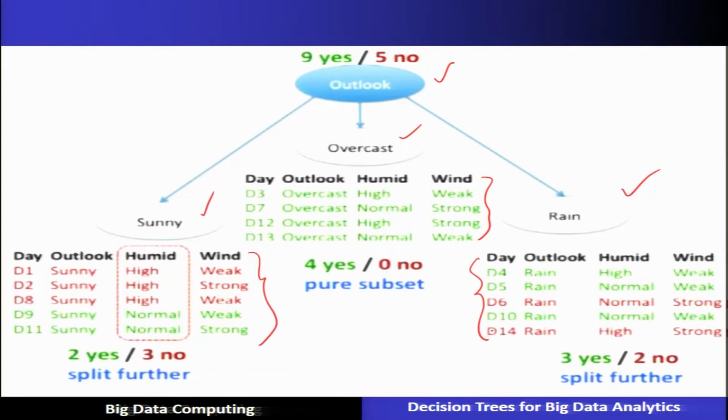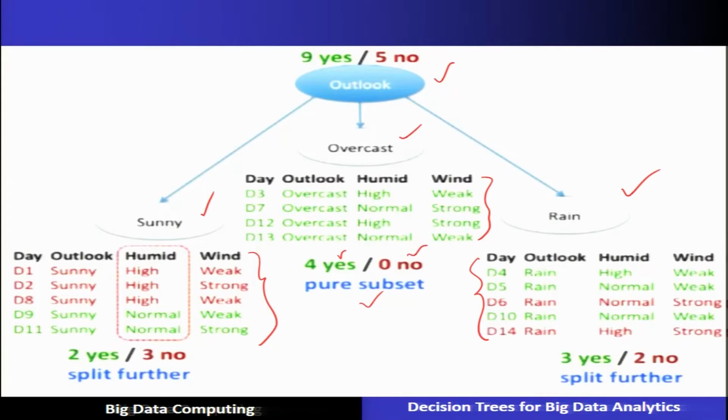Out of these, when the outlook is overcast, there are 4 different days when the answer is yes, and there is no entry having a no. Hence this kind of subset is called a pure subset, which has all yes.